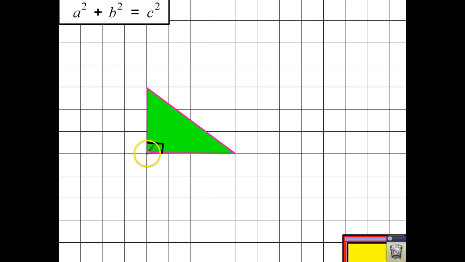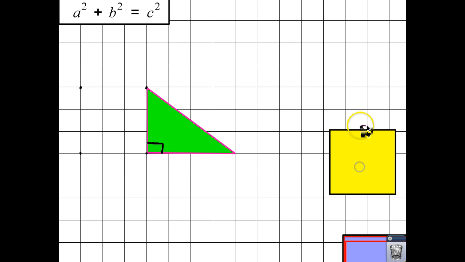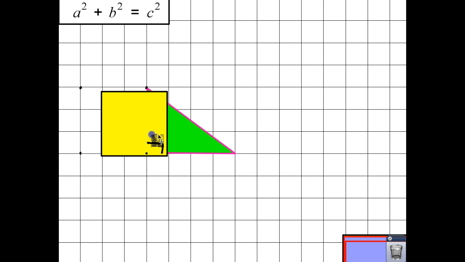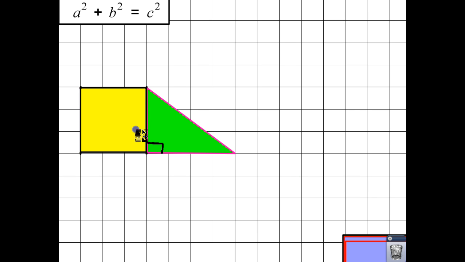I come down 3 units, go across 3 units to here, then go up 3 units to here, and then come across again, and I have this 9-unit box. There is your a squared.